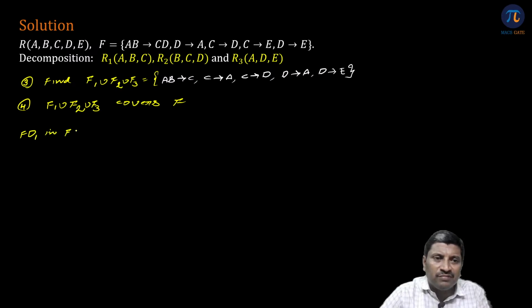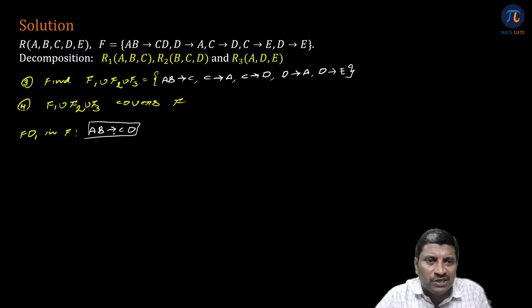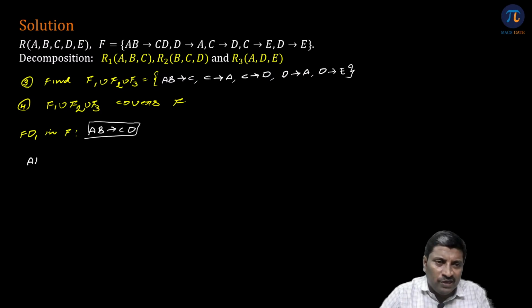FD1 in F. Let me write it. So what is it? AB implies CD. Is it directly present in the union, sir? No. So let us write AB closure. With AB, you can get AB.